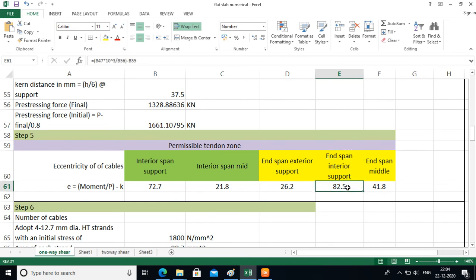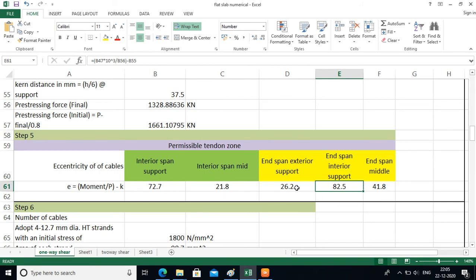Everywhere I have used the same formula, and I have directly given the values, because we have already calculated the moment, the prestressing force, and also the kern. By using all that, we directly get these eccentricities at various positions.